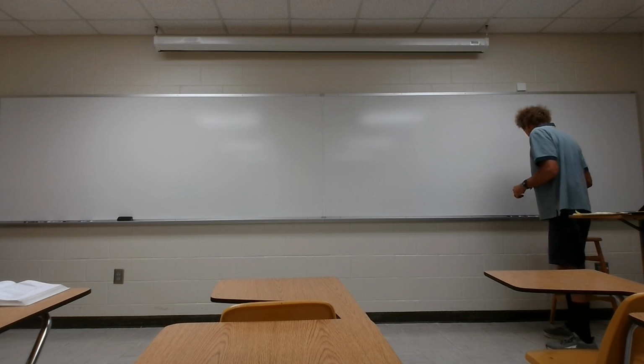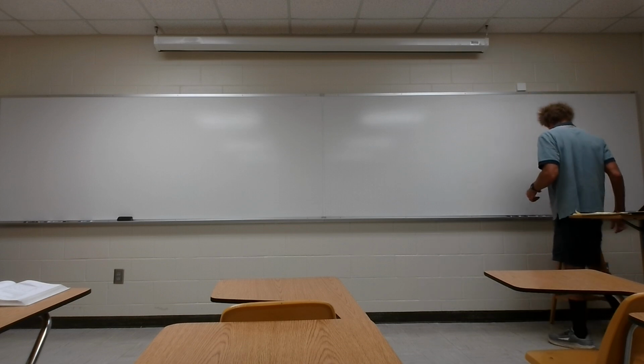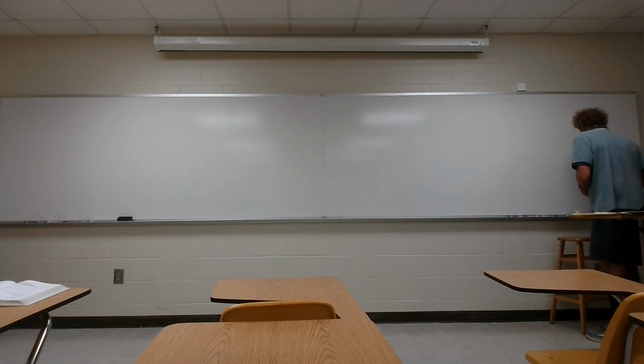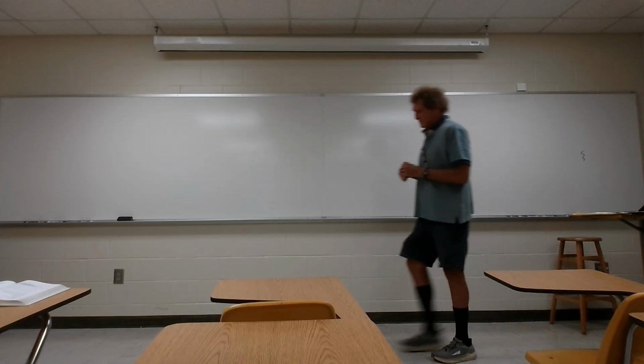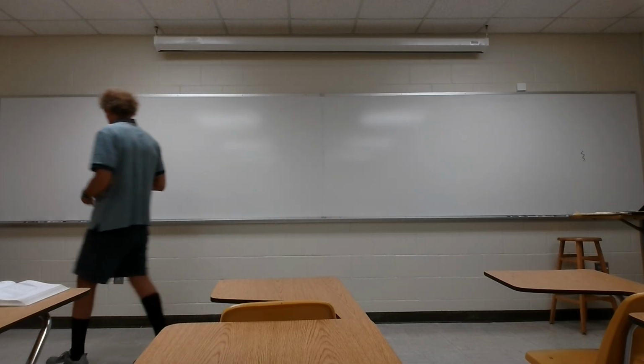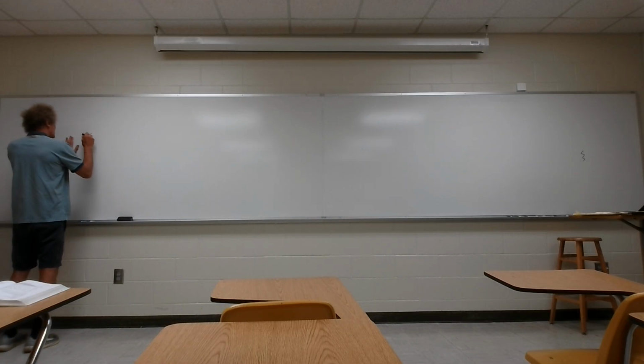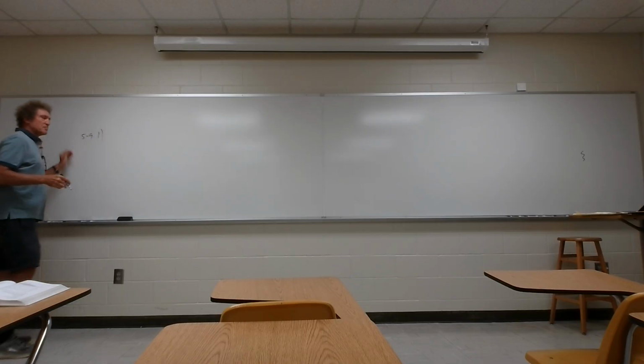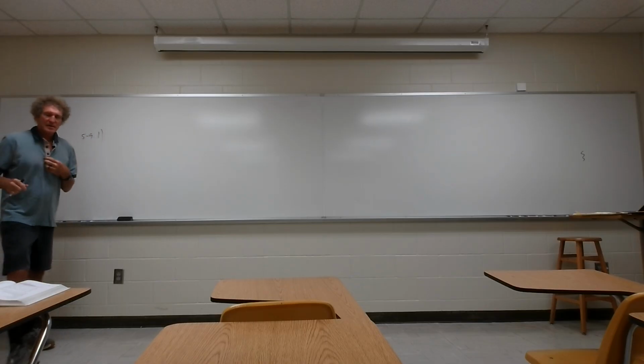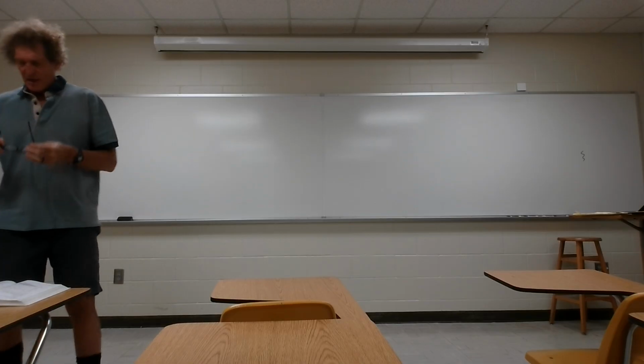Let's see here. You said degrees of freedom is number of samples minus 1. Yeah, and it should be in there. I'll tell you where it is if you want to write it down.